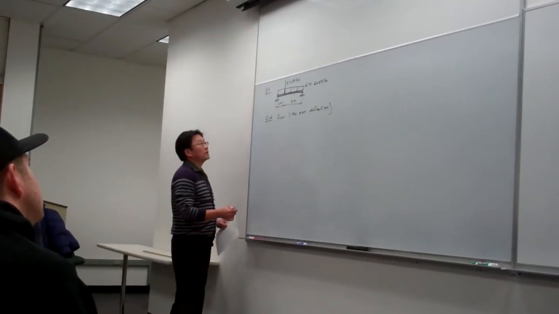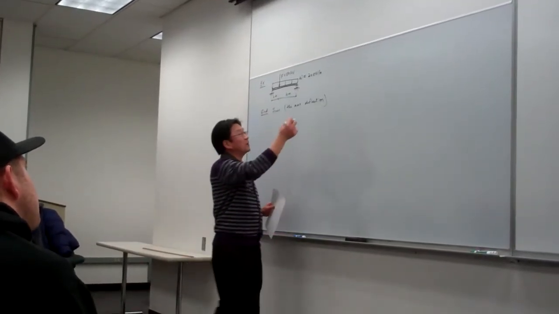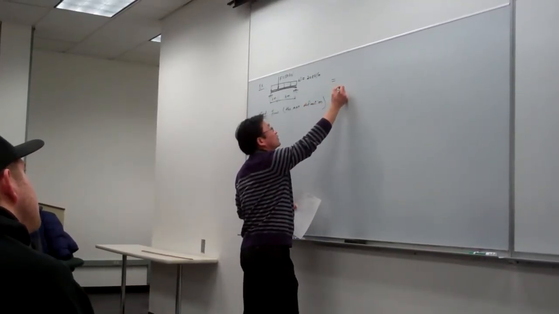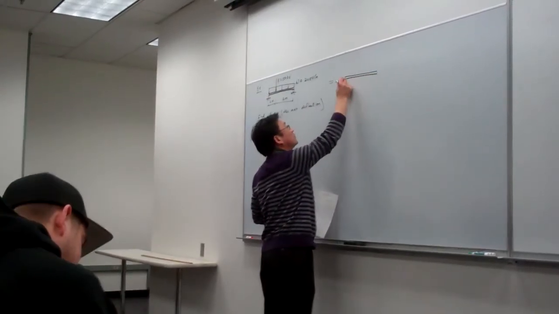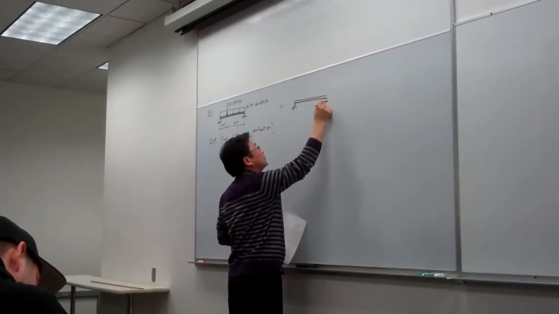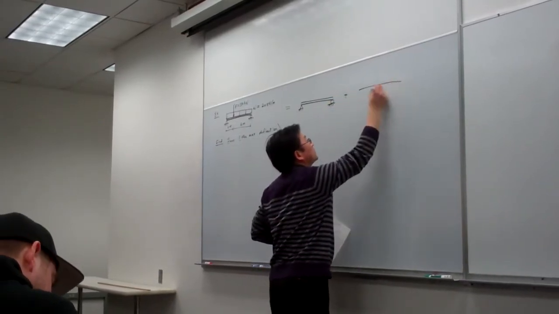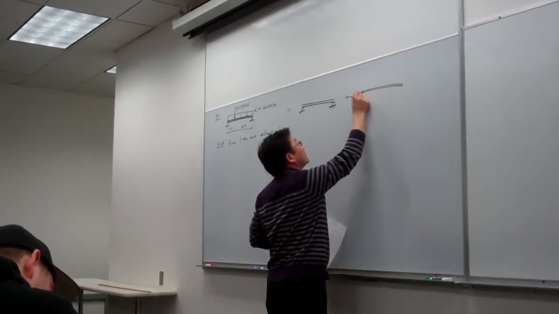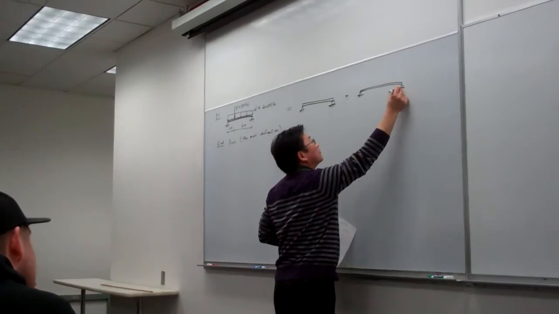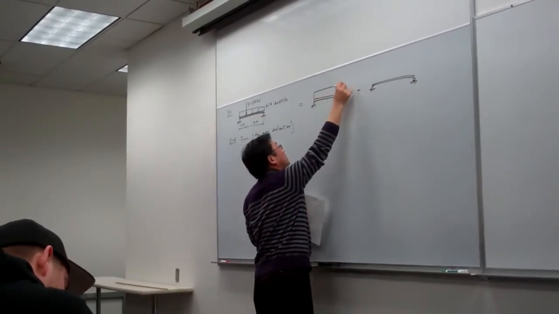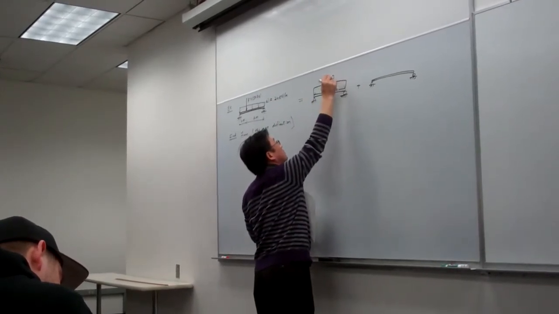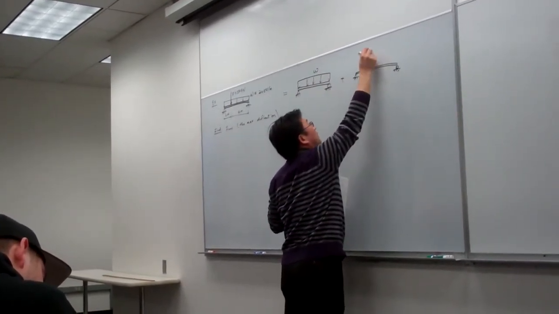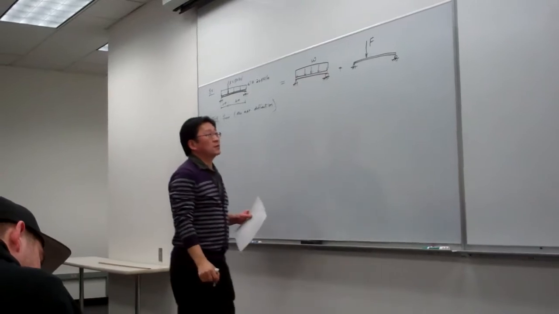So for this one, we can decompose using the superposition principle and decompose into the combination of the loading. So one is under distributed loading, and the other one is under the point loading like this.